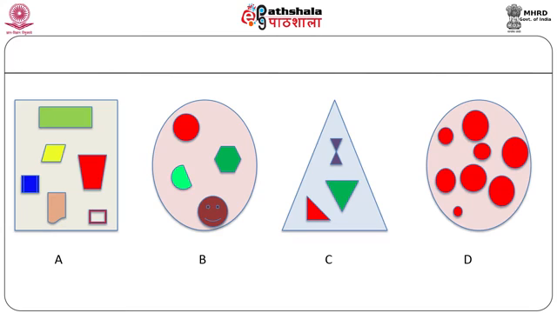Here you can see diagram D is an array and diagrams A, B, C are structures, because these diagrams include different types of objects, but diagram D consists of only similar types of objects. Therefore D is an array and A, B, C are structure diagrams.